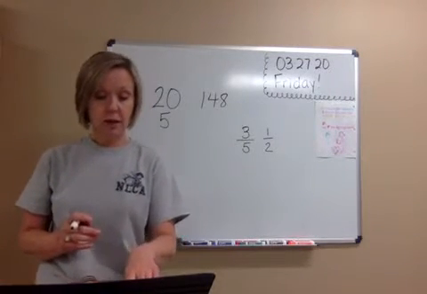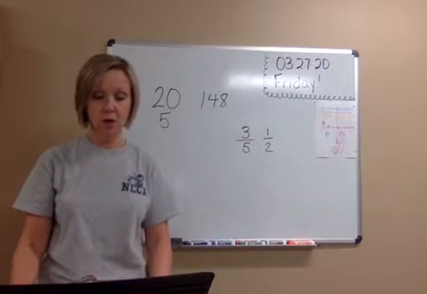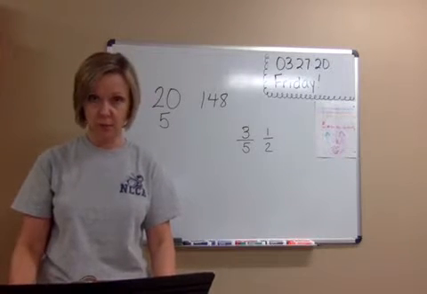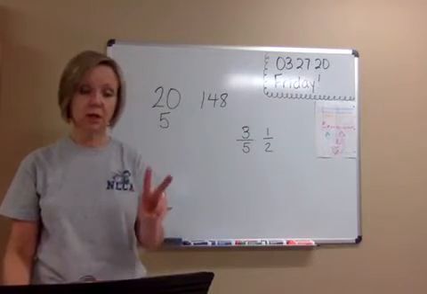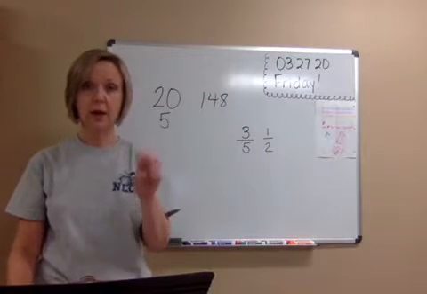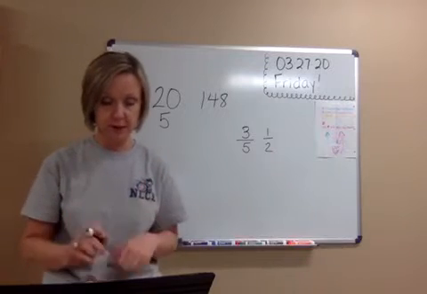Mixed numbers. Look at your box at the top of the page. A number that combines a whole number and a fraction is a mixed number. So there's two parts to a mixed number: a whole number and a fraction. You're putting them together, two components there.